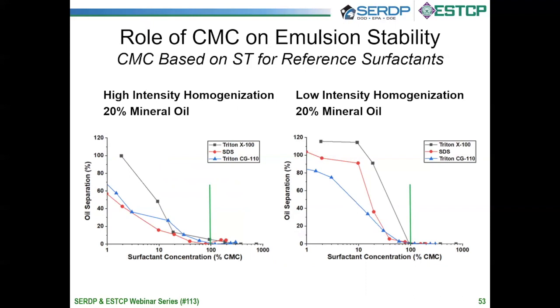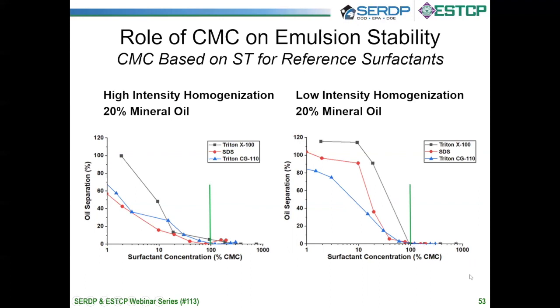And what we found is that at 100% CMC, or at CMC, there is this inflection point. The sample goes from being partially coalesced, so here's oil separation, and then you see it going down to 0, to fully emulsified above CMC.